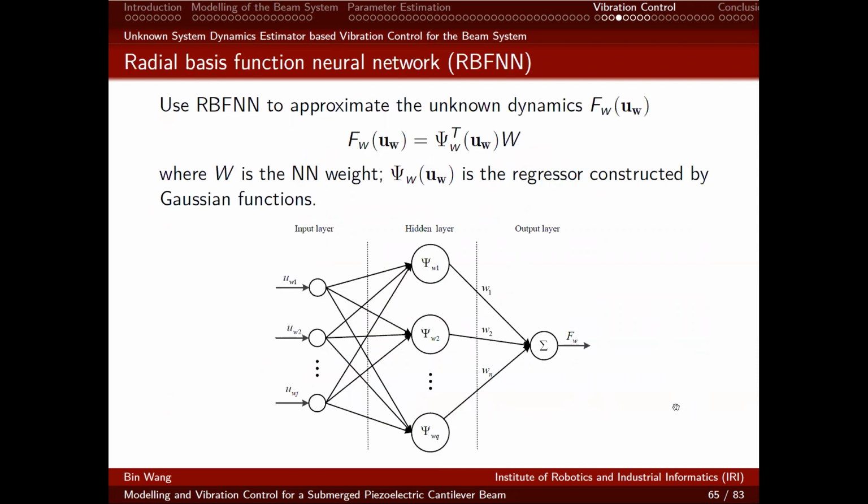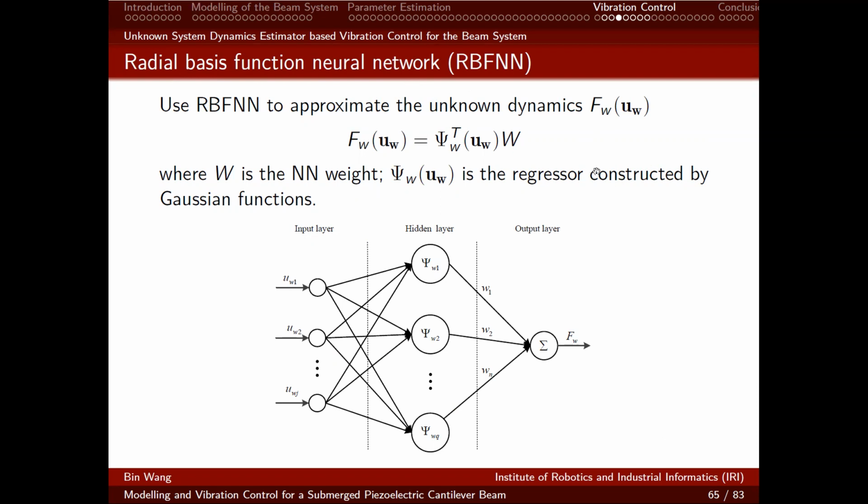To show the advantage of the proposed estimator, we compared it with other estimators. One of the popular methods is the radial basis function neural network. It can be used to estimate any unknown function.